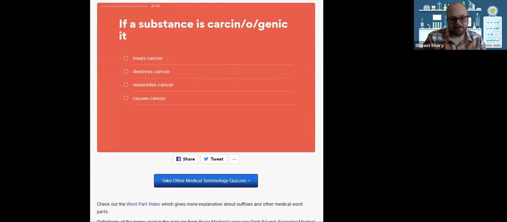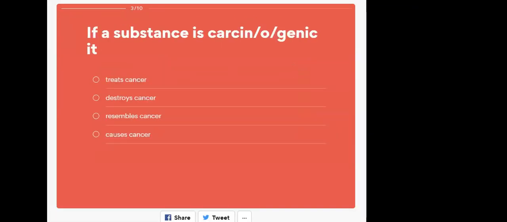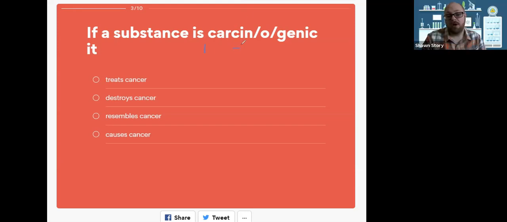Who would like to read? If a substance is carcinogenic, it... I don't know. So we know carcin was cancer, right?